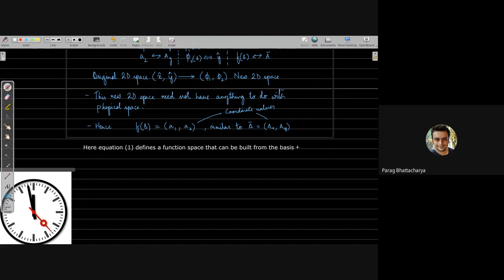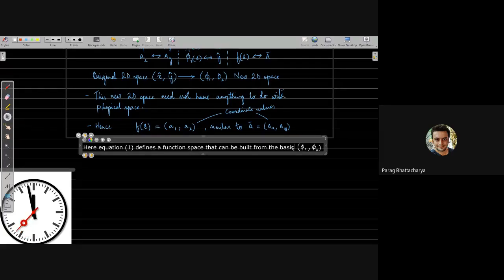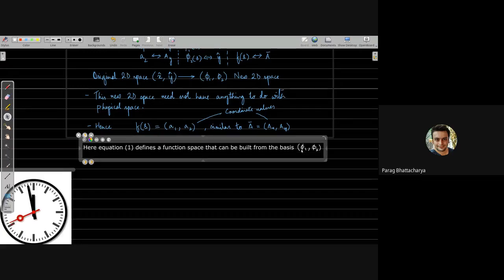And which is the basis here? Just like your vectors, the basis is x cap and y cap. In a similar way here, the basis is phi1, phi2. Phi1 and phi2 together are called the basis. I'll give a more formal definition.